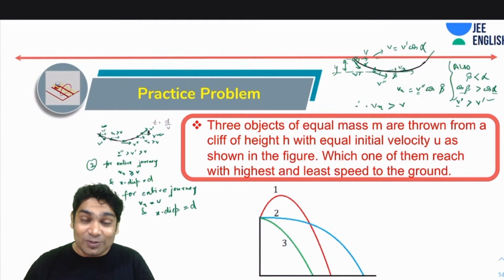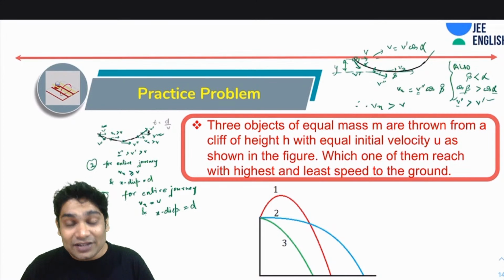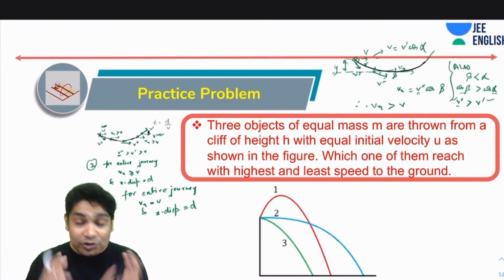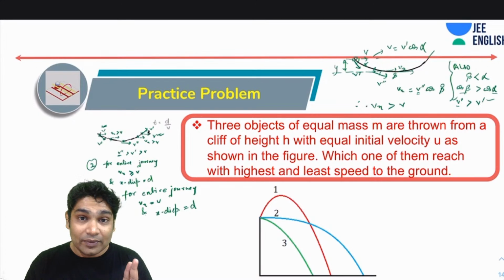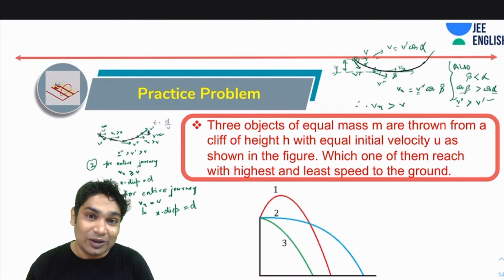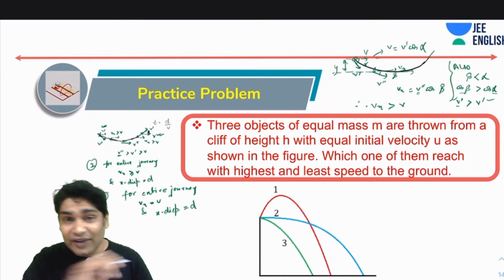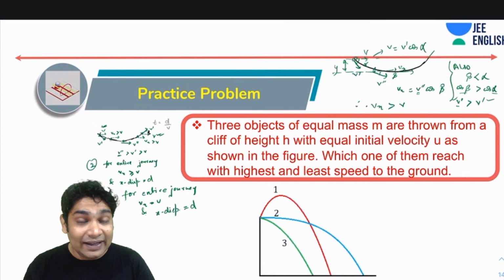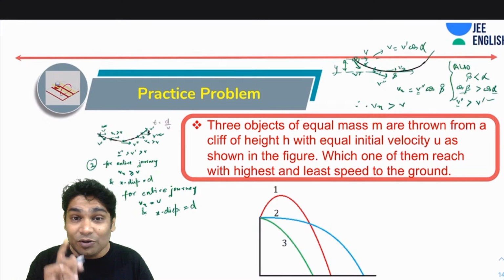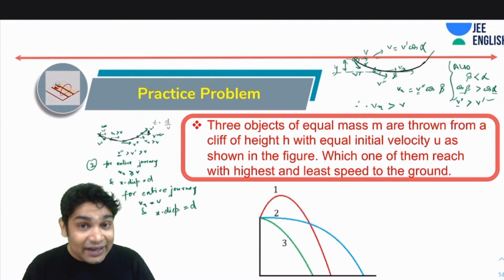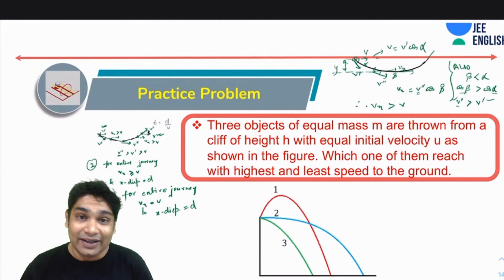In fact, I remember when I was preparing for IIT JEE, my physics teacher told me, if the solution of any problem is getting too lengthy, then you have to rethink and realize that you are doing something wrong. If there is way too much calculation involved, you must realize immediately that you are doing something wrong, because IIT JEE will not ask too much mathematical complexity in a problem.